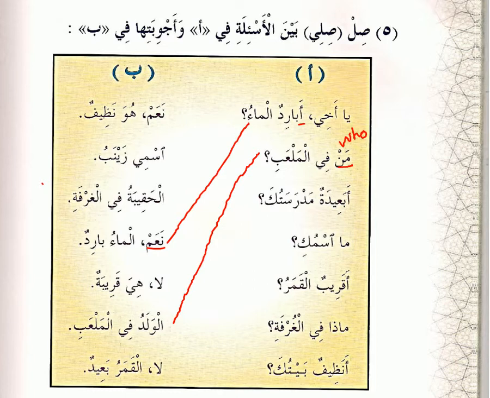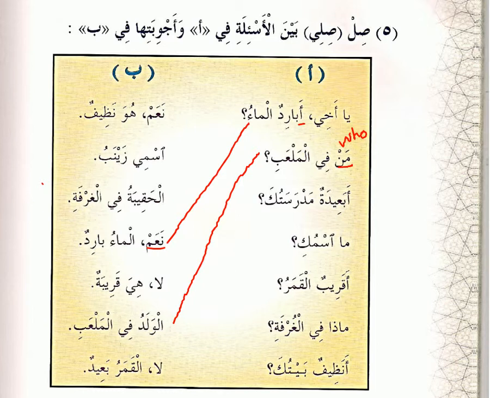Al-waladu fil mal'ab. Good. That answered the question, right? So who is in the playground? Al-waladu, the boy is in the playground. There you go. That's the clear thing. You knew you had to have a person, and you knew he had to be in the playground. Okay. Next one.